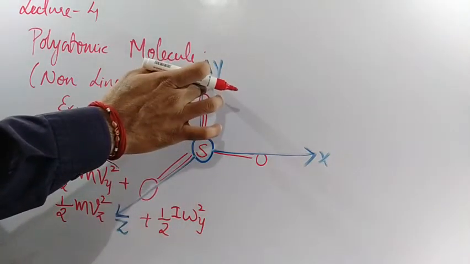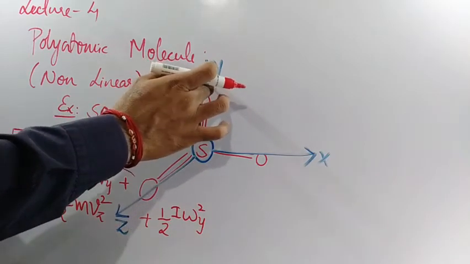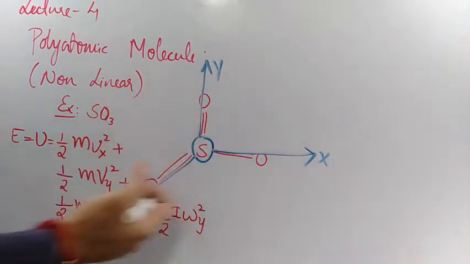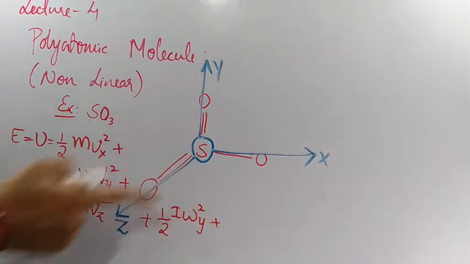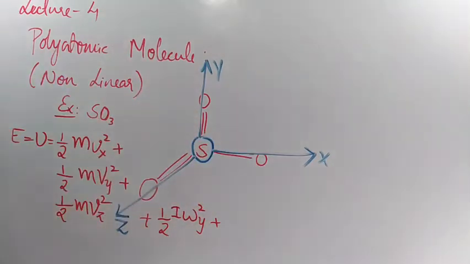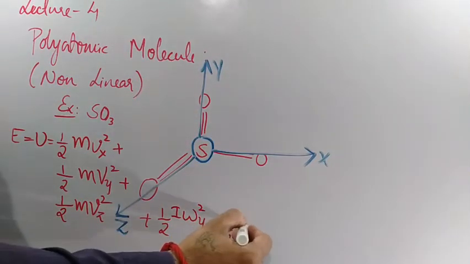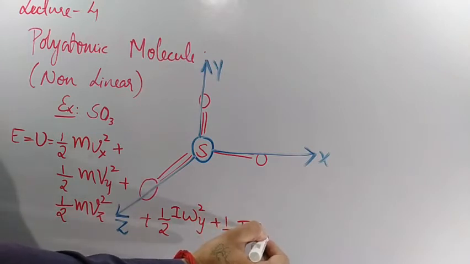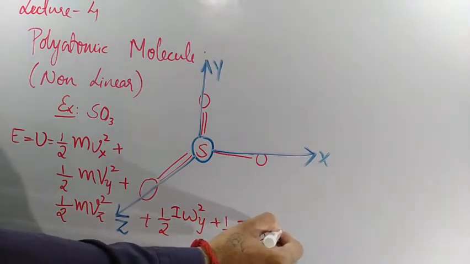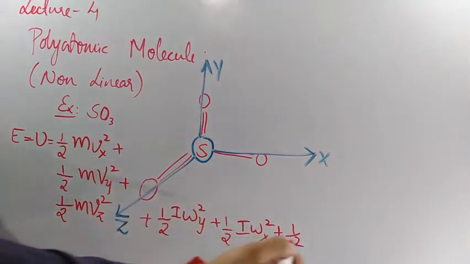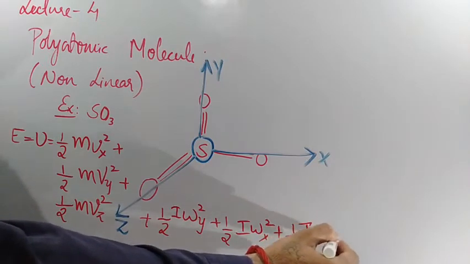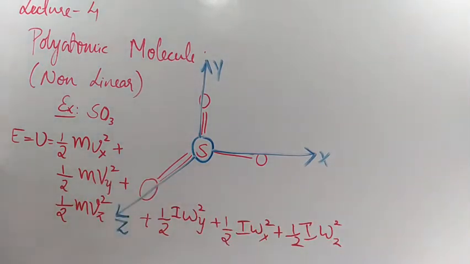If I am keeping this atom fixed for the y-axis, it is omega y square. Plus, with respect to x, half I omega x square. Are you able to see the board clearly? Plus half I omega z square, correct? Clear?